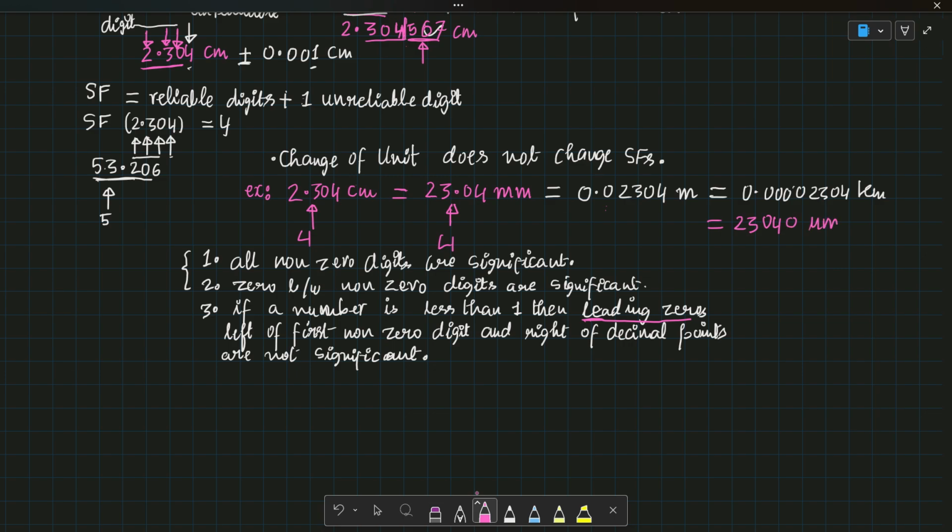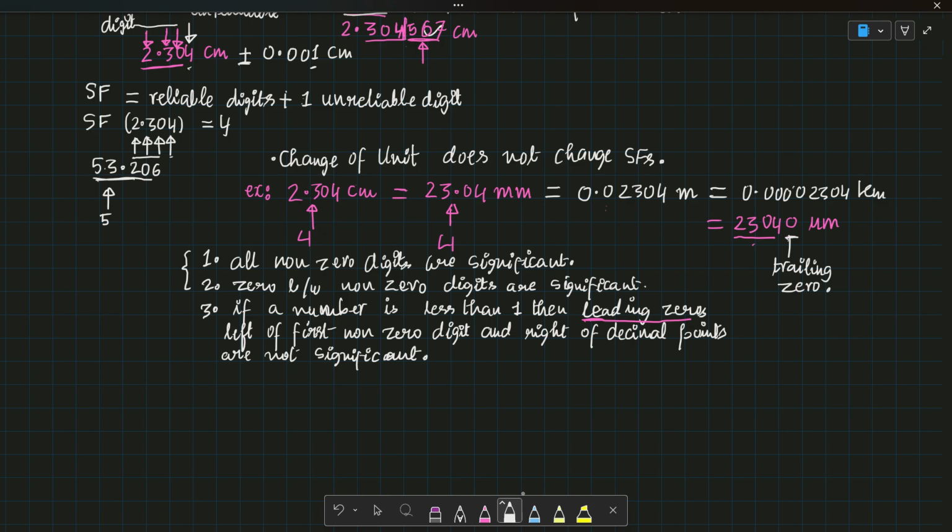In this case also we need to have 4 significant figures, since change of unit should not change significant figures. This is called a trailing 0.